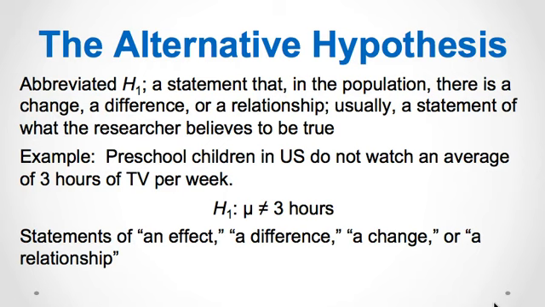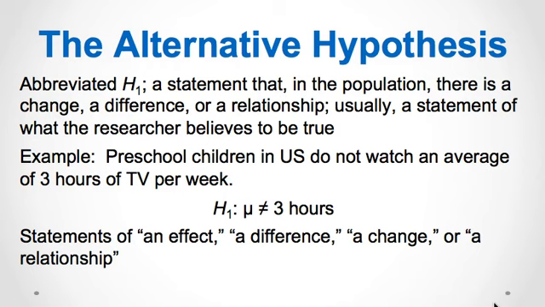Notice that the alternative hypothesis contains a statement of inequality. The alternative hypothesis is usually a statement we are trying to find evidence for or a claim that the researcher believes to be true.